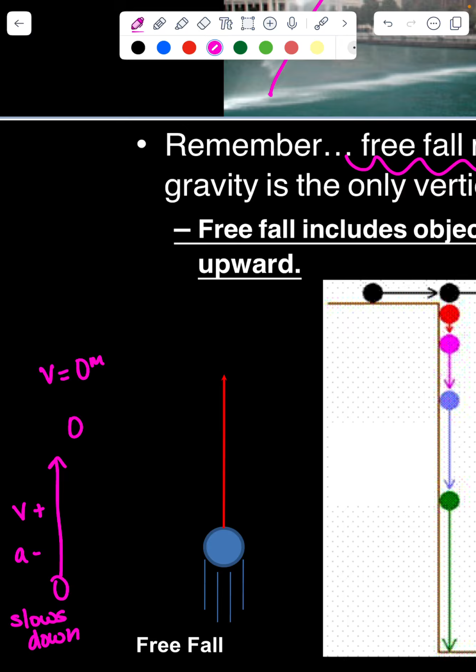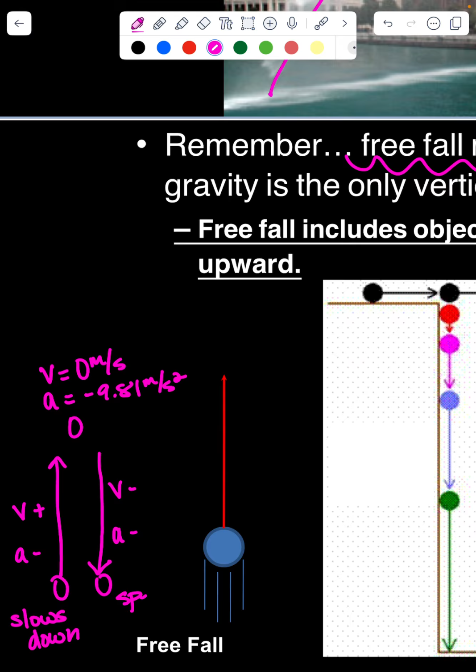So it actually has no velocity, but because it is still in the air, it's still being acted on by gravity, so it still has that negative acceleration due to gravity. It's that acceleration that causes it to change direction and go down. As it's traveling downward, its velocity is now negative because it's going down, and the acceleration is still negative. So we have like signs here.